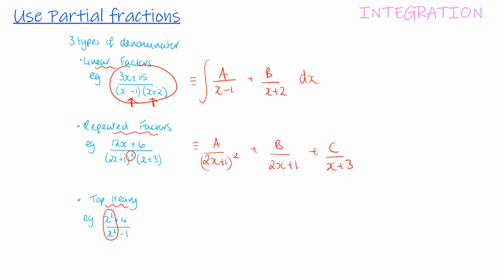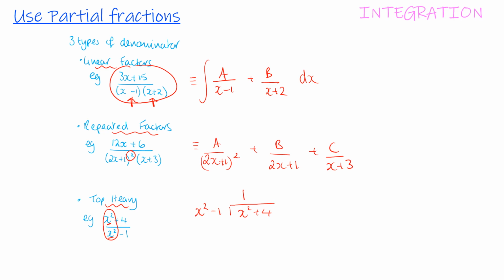Now if we did the algebraic division, we are dividing x squared minus 1 into x squared plus 4. Now when the powers are the same, we're going to have less lines in our algebraic division, because x squared will go into itself a whole number of times. So you're not going to have any algebra on that top, you're just going to get a whole number.